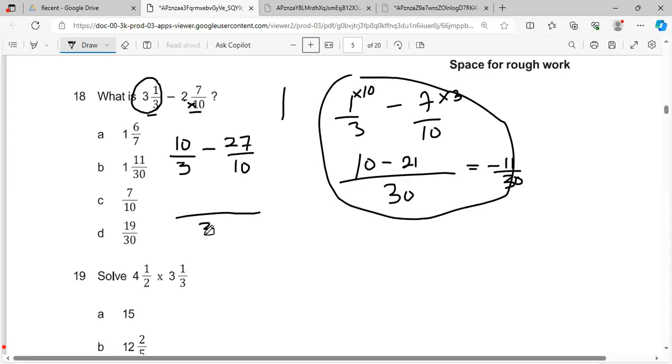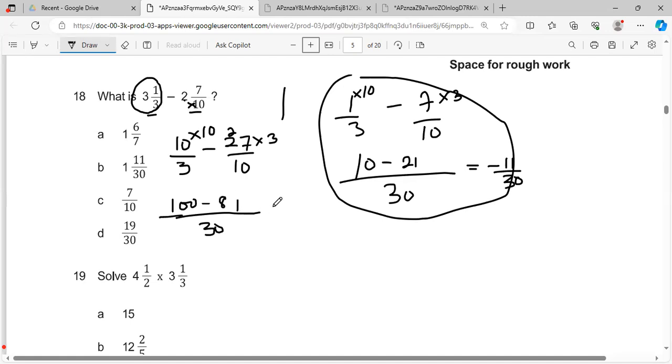Sir, 3 can go into 27. Yeah, and then 3 into 30 goes 10 times. So we're going to multiply 10 times 10. 100. And then 10 into 30 goes 3 times. So we multiply 27 by 3. 3 sevens, 21, 3 twos 6, and that's 81.